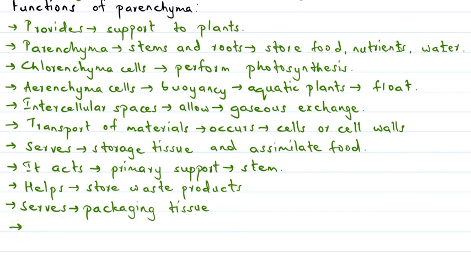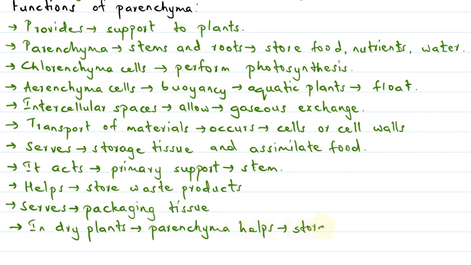Then, in dry plants, parenchymatous tissue helps in storage of water. It helps in storage of water and it also helps in the storage of mucilage. Okay, so these are some of the important functions that are performed by the parenchyma tissue.